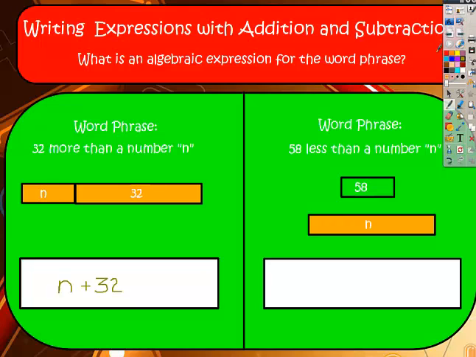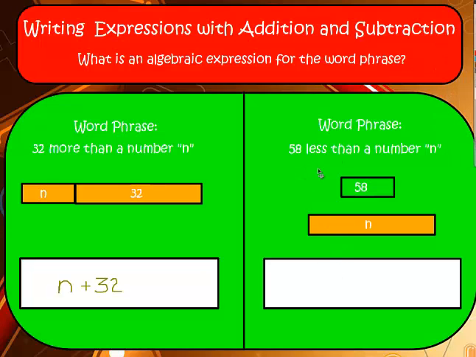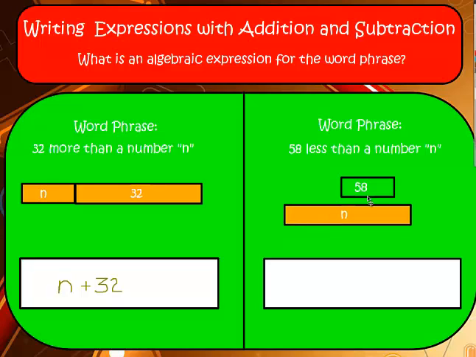Over here, I have 58 less than a number n. So here's my number n, I don't know how much. And I have 58 less. So n has gotten smaller. When we see the word less here, we must be thinking of subtraction.